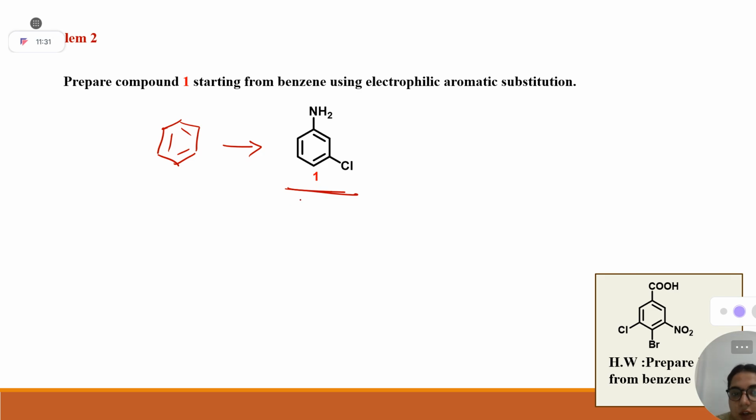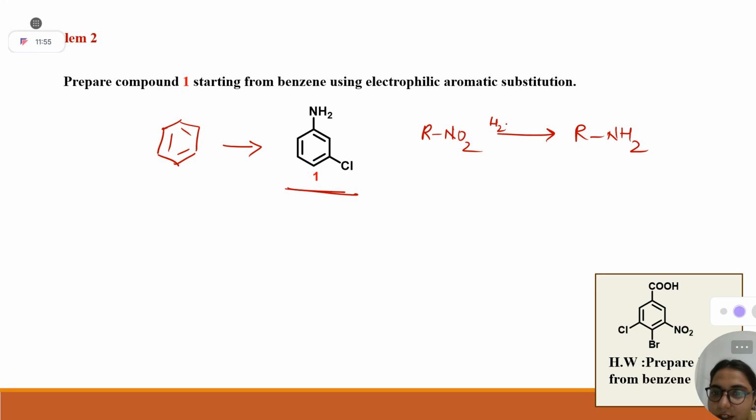Would you like to solve or should I start? Or you want a hint for this question? Okay, some hint. If you want to convert your NO2 group to NH2, what reagent can we add?